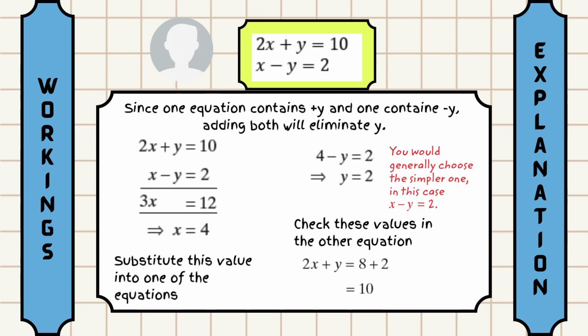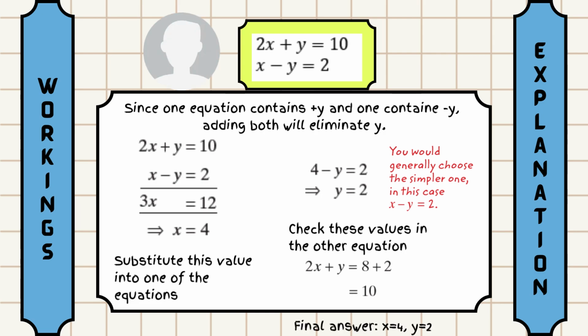So here I substitute it into the first equation. So the first equation becomes 2x plus y equals 2 times 4, which is 8, plus 2, which gives you 10. So which balances the equation, right?